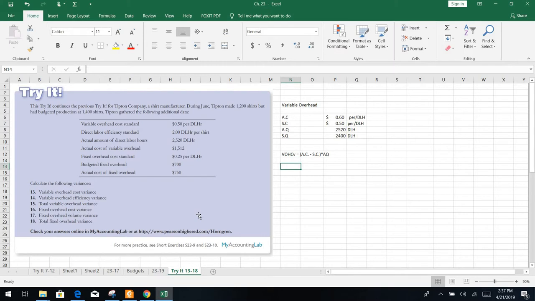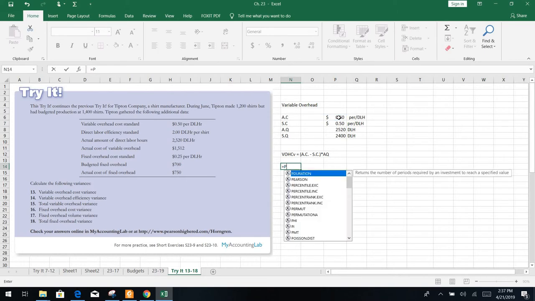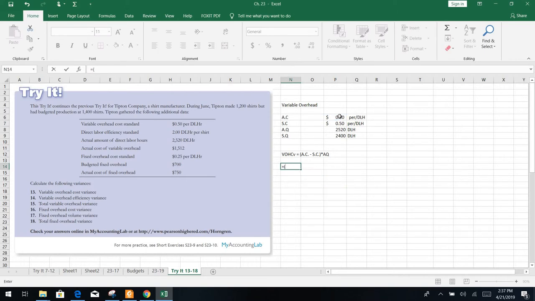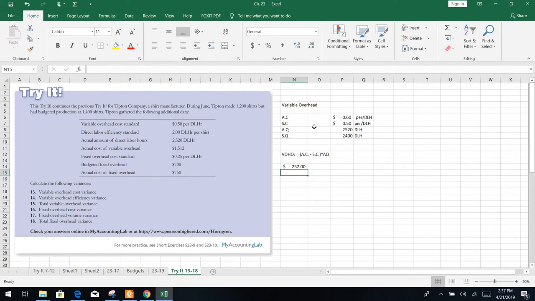So that equals, oh wait, I have to put the parentheses, (AC minus SC) times AQ.